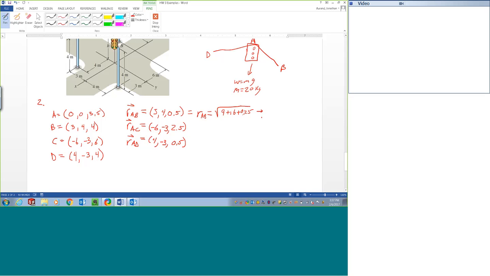So it's going to be something pretty close to 5 when I work that all out. And if I divide this vector by this magnitude, I'll get a unit vector. So UAB is going to be that unit vector: 0.597i plus 0.796j plus 0.0995k. So that's my unit vector UAB.